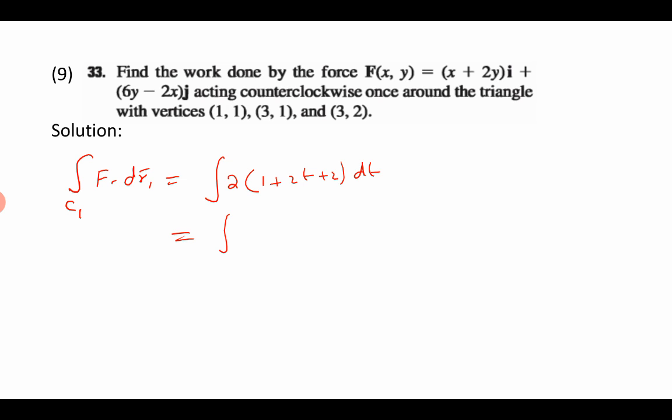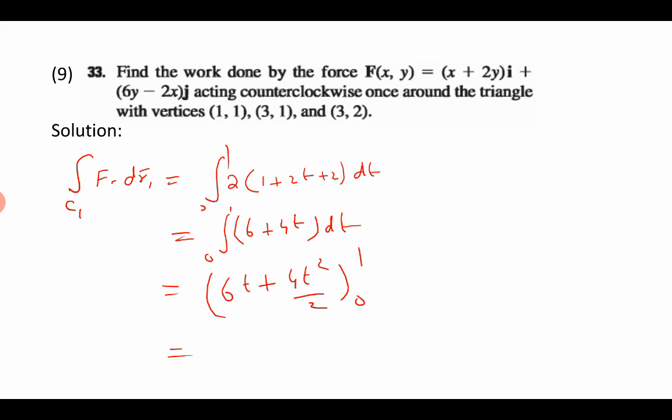So what do you get? 2 times 3 into 2 is 6 plus 4t, it is 0 to 1, dt. 6t plus 4t square over 2 from 0 to 1, it is 6 plus 2 minus 0, 8, and the answer is 8.